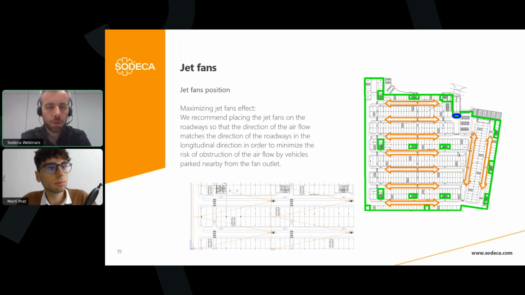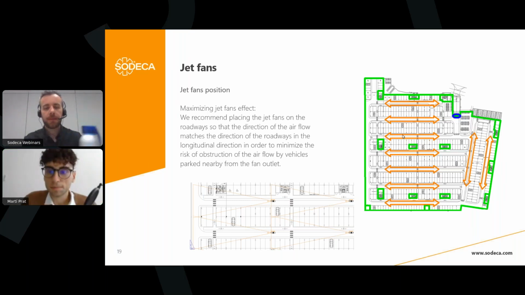Okay, more questions. When is it recommended to use reversible jet fans? As I explained earlier, in very large car parks of more than 100 meters, where the supply point is way too far from the extraction point. Imagine that this car park is very large, very long.